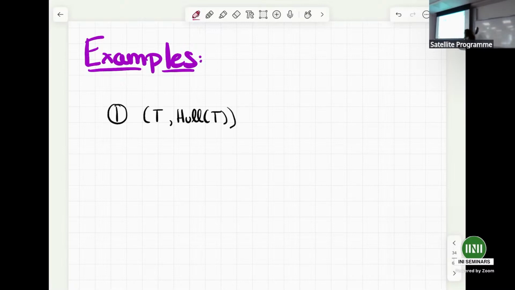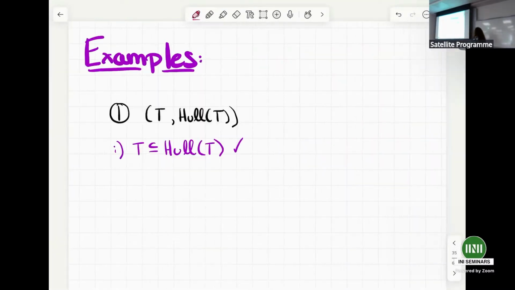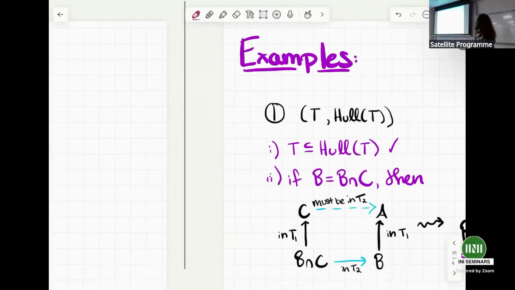So you hand me some generic T and I hand you back the hull of T. Is this always a compatible pairing? Right, we're gonna play matchmaker, I guess. Well, T is definitely contained in the hull of T, by definition.